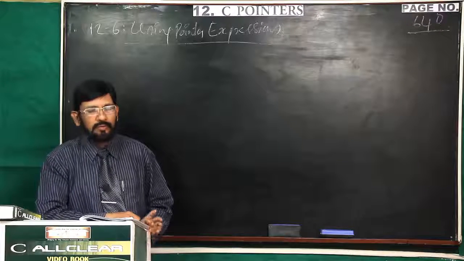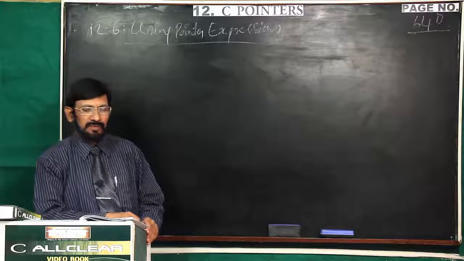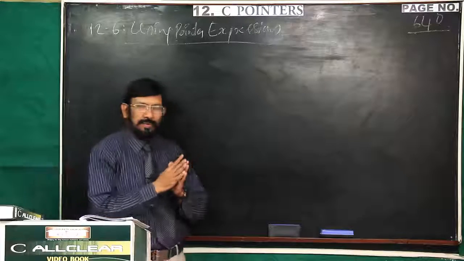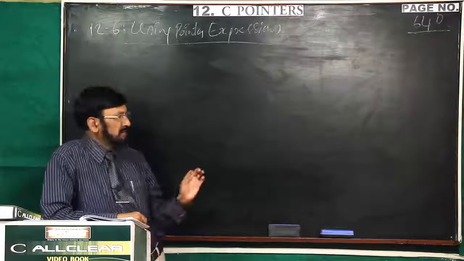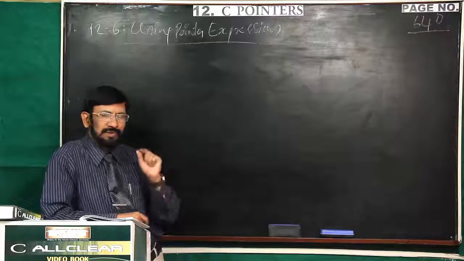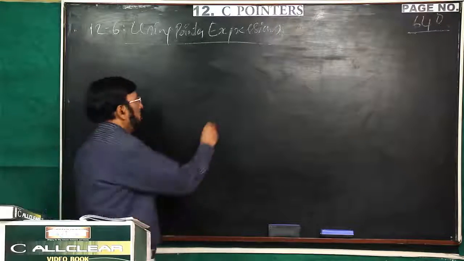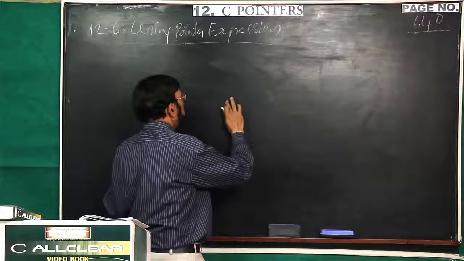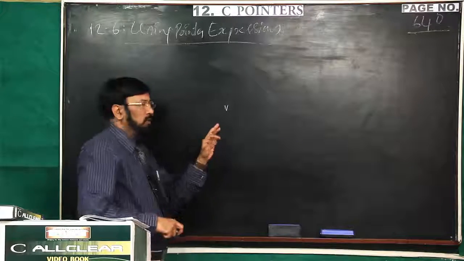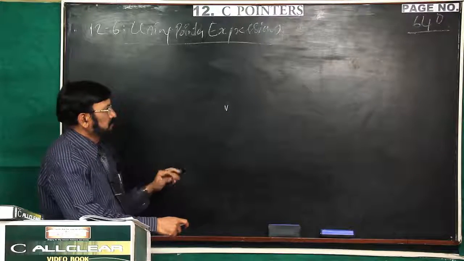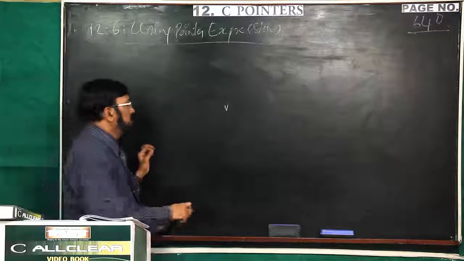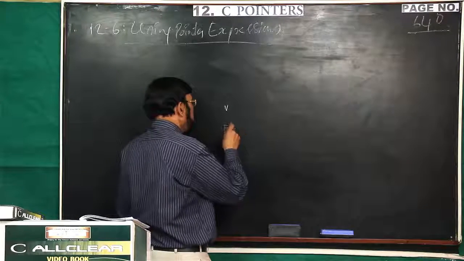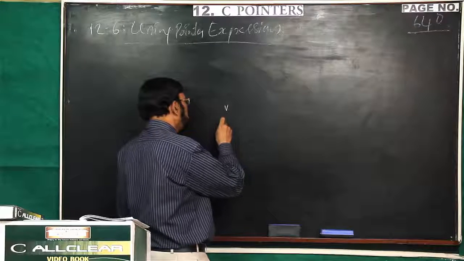12.6 Using pointer expressions. So far, I explained many concepts. The gist of all of them is very simple. With reference to our previous example, so far we have been using V. If you declare a pointer for this, instead of using V, you can use *PV.